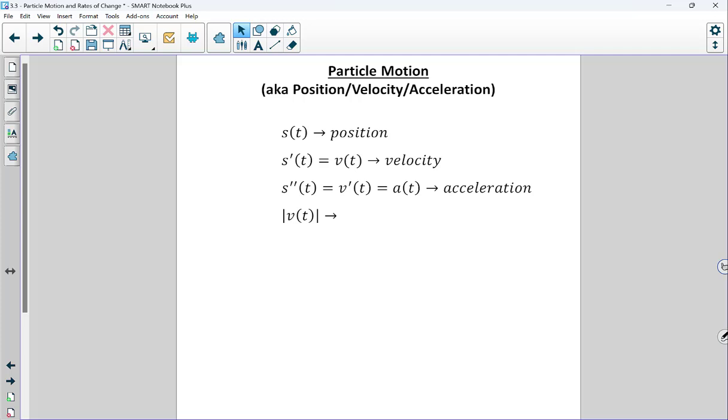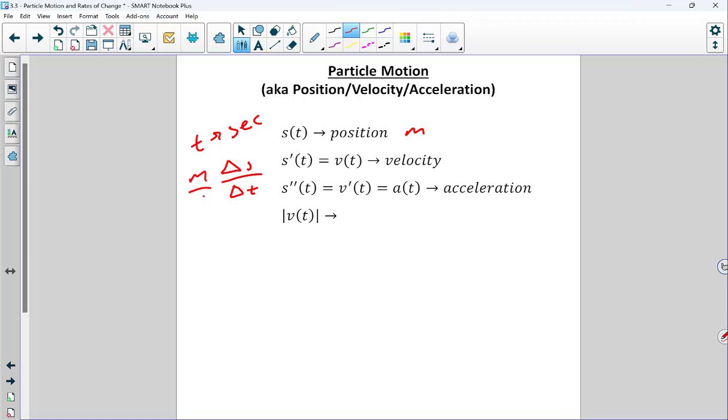Well, how fast is the velocity changing? That's acceleration. Paying attention to units, if I tell you that position is in meters, and time is in seconds, the velocity, since velocity is the change in position over the change in time, would be meters over seconds. Hence, velocity would be meters per second. Meters for position, meters per second for velocity.